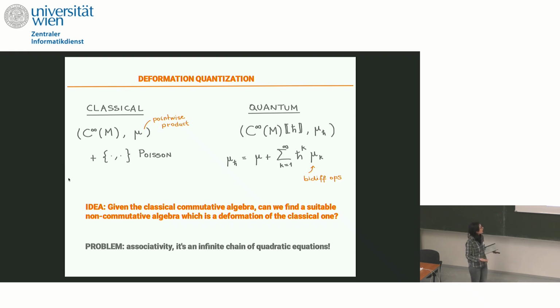And more, we have a Poisson bracket. Important because it helps us in describing the dynamics. Because I want to write a Hamiltonian equation of motion, and the Poisson bracket helps me to do that. So after all, I can summarize by saying classical is a commutative algebra.